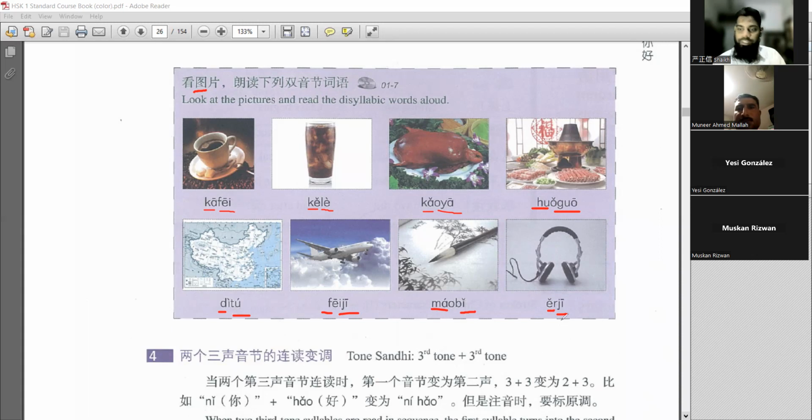RG means hands free or headphone, because it fits in your ears. So these are some of the vocabulary.